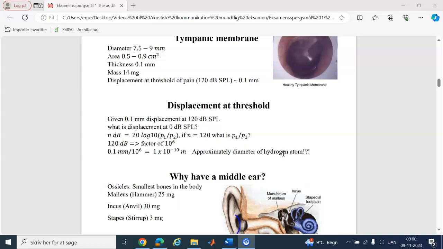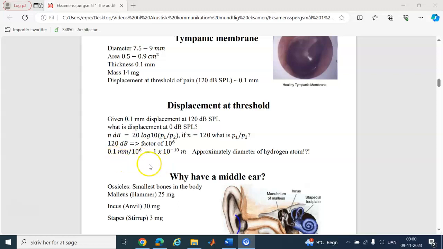You can make a simple calculation: 120 dB is 20 times log 10 of P1 divided by P2, and then we get that P1 divided by P2 is a factor of 10 to the 6.